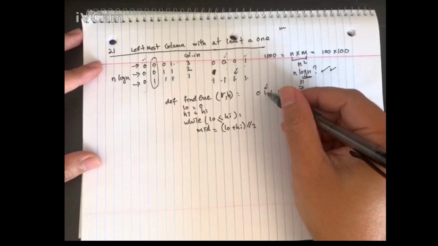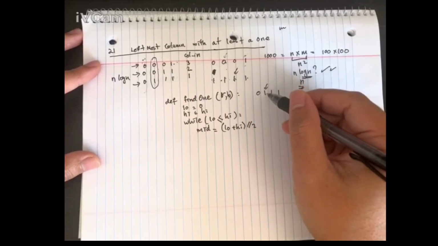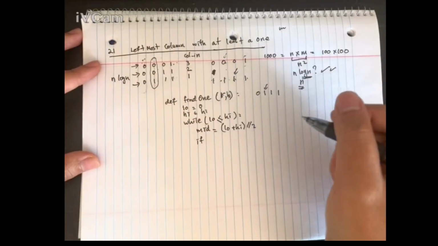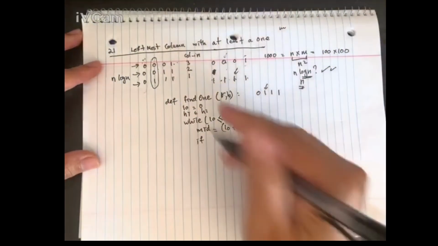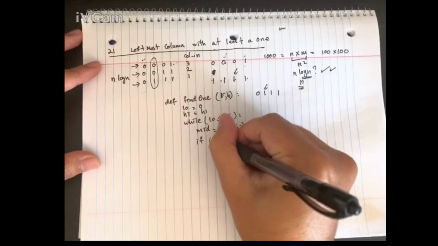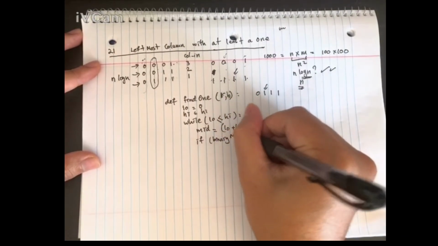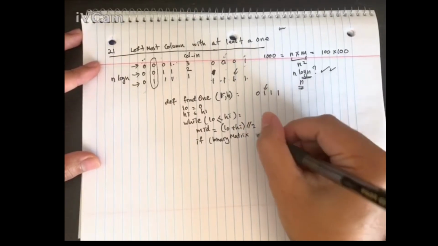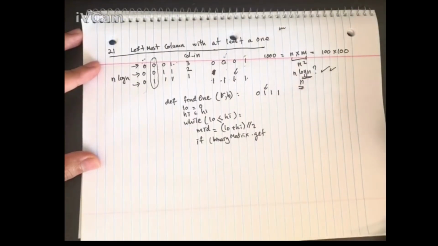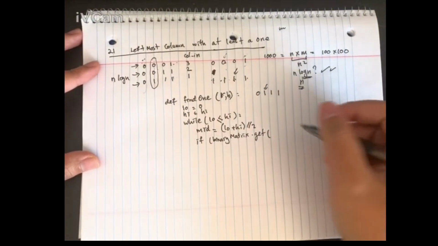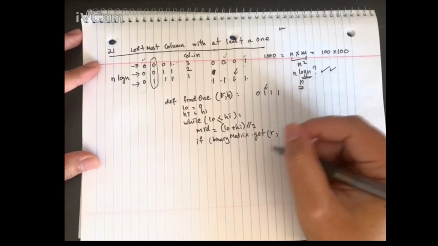So if the middle is 1, we're going to use the function that they provide us. So if binary matrix dot get, and for dot get we need to provide x and y. So x would be the row, and y would be the column.